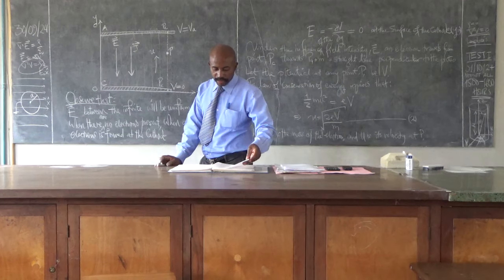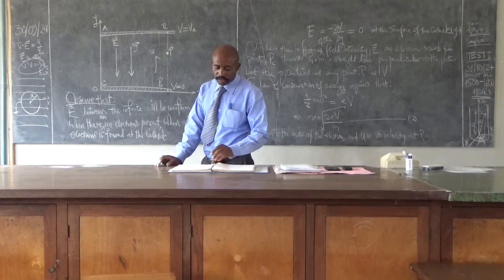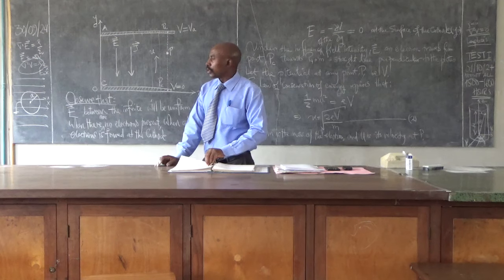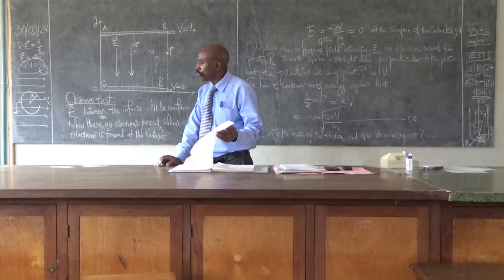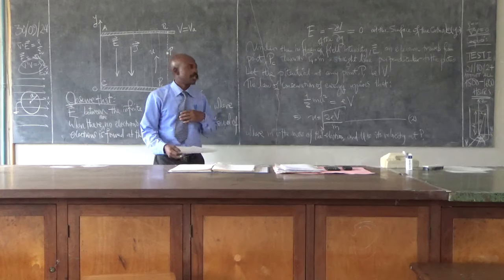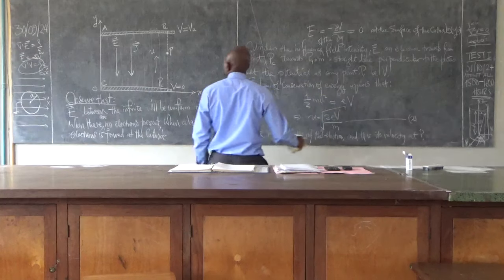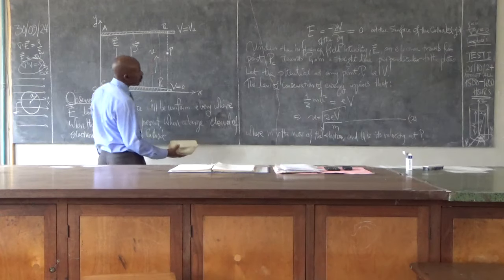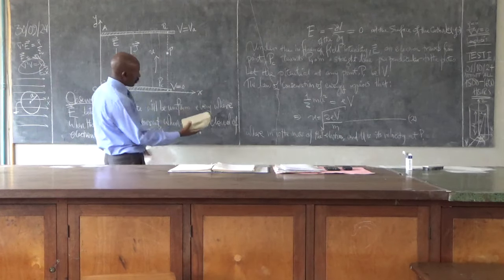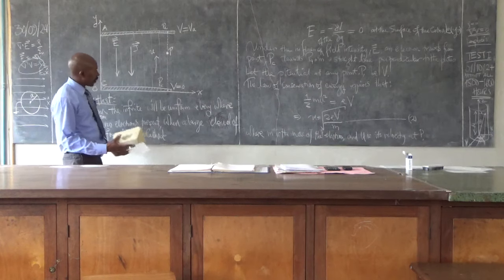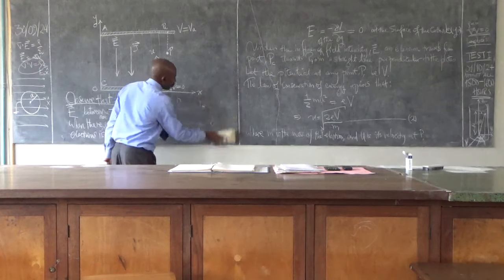Now, if these electrons are taken to be in a given volume, then we talk of the volume charge density. So we shall keep going here and there until the diagram is useless.